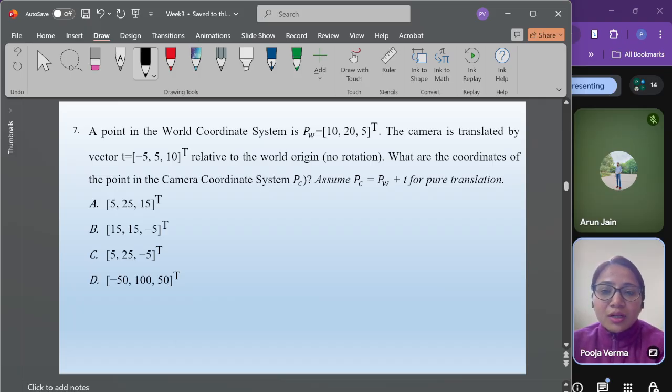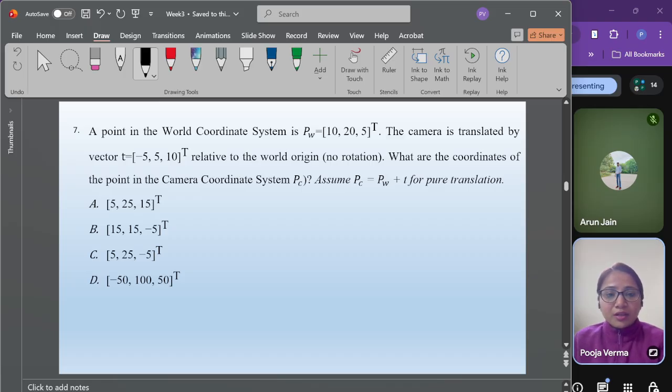What are the coordinates of the point in the camera coordinate system PC? Here we need to assume PC is equal to PW plus T for pure translation. Already in the question it is given as no rotation. So that's why the rotation R transpose is not there.